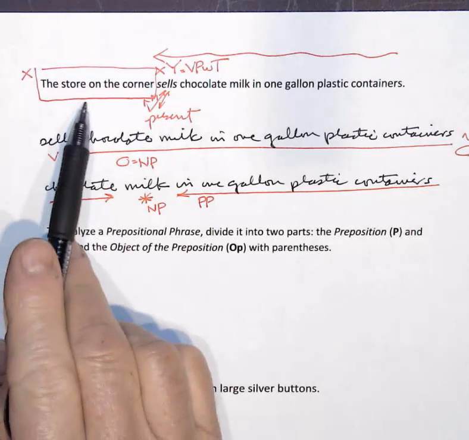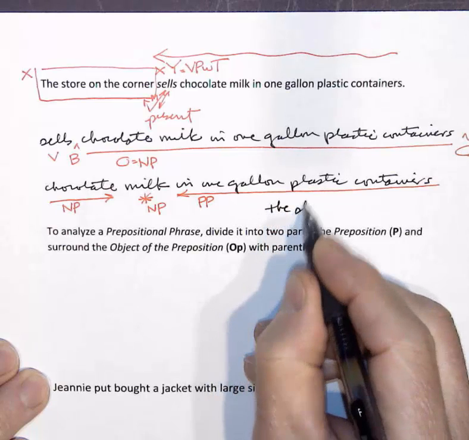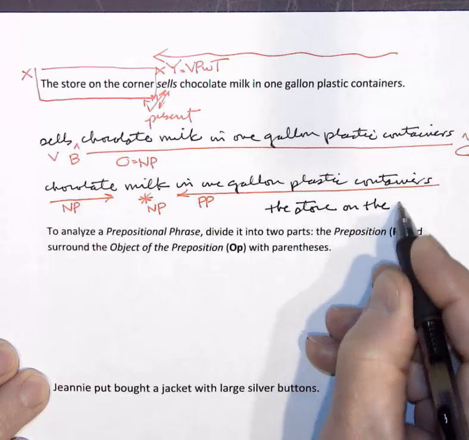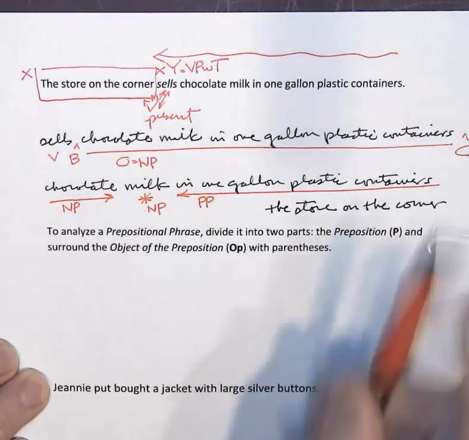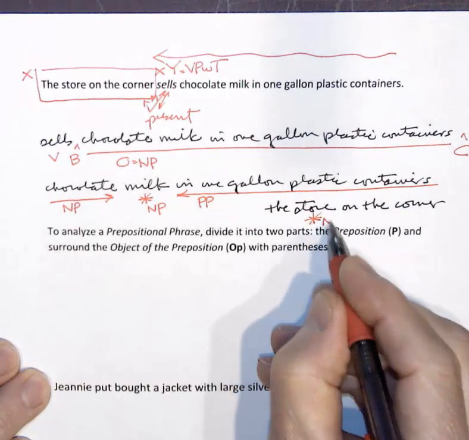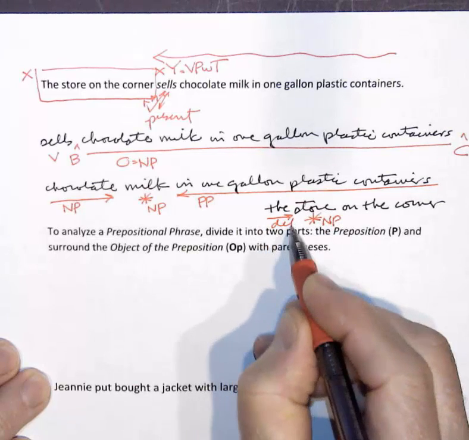Let's take a look at the store on the corner, the subject. The store on the corner. And in this phrase, store is the head. It's a noun phrase. The is a determiner.